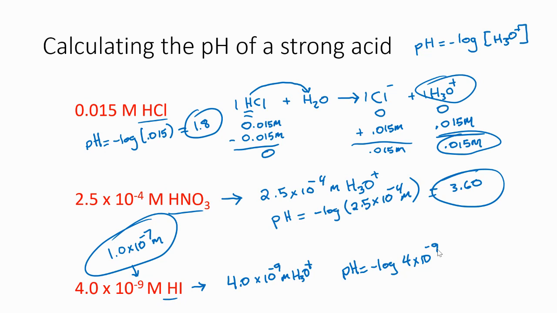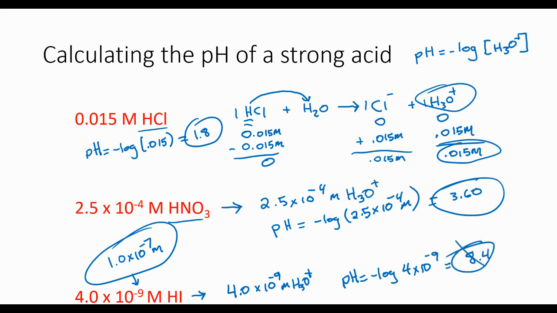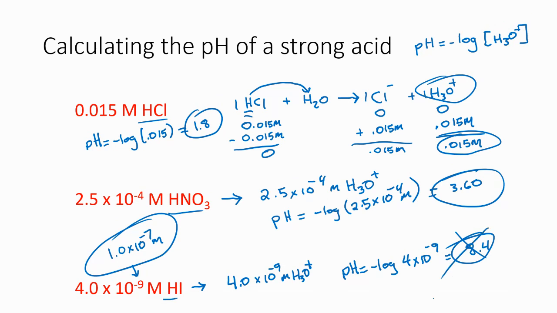I get 8.4. That can't be right. Let's talk about why. 8.4 is a basic pH. This is an acid. An acid should not have a pH that is basic. So what's going on here?